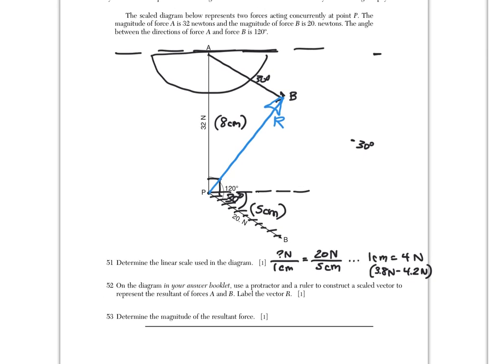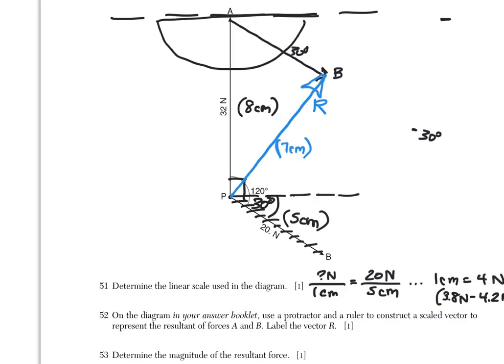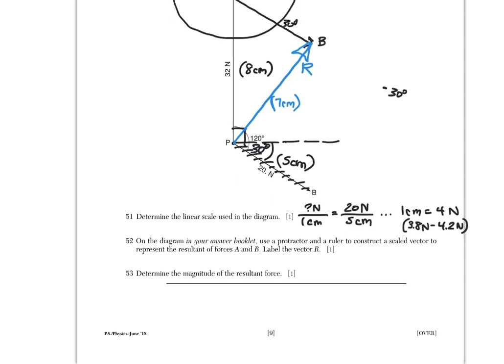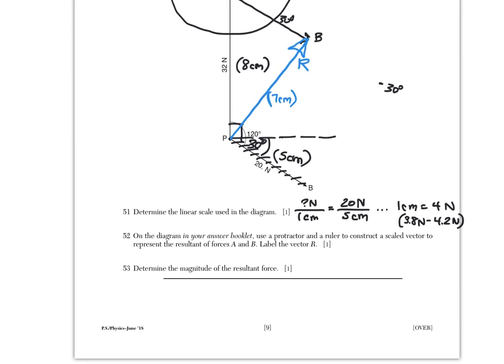And then it says determine the magnitude of the resultant force. Probably the easiest way to do that is just to measure it with your ruler. At the proper scale, that should come out to 7 centimeters. Working out the math, we have 7 centimeters using the scale of 4 newtons per centimeter.